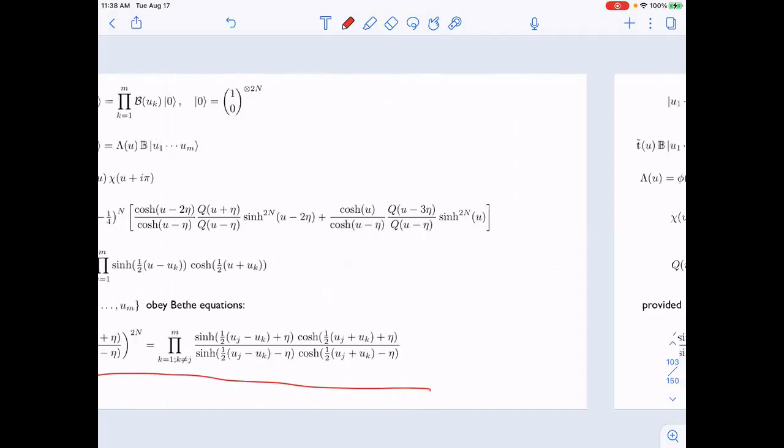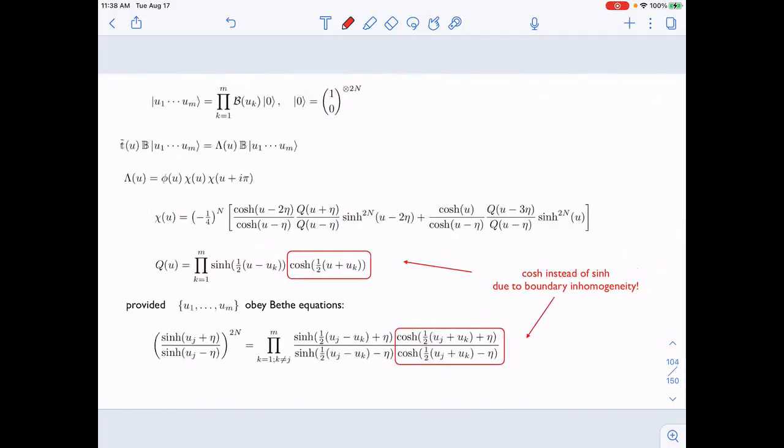And let me emphasize that it's not a typo here. While you have sinh here, as you'd expect, what you have here are cosh instead of sinh.